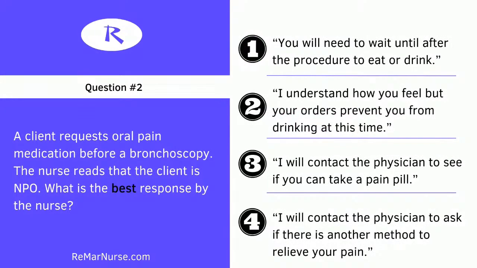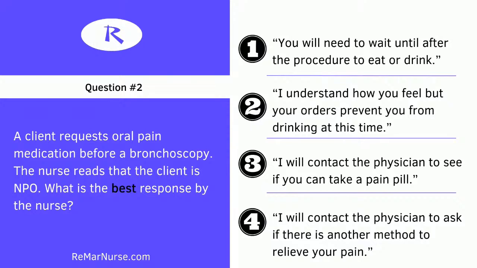A client requests oral pain medication before a bronchoscopy, okay? The nurse reads that the client is NPO. What is the best response by the nurse? Number 1, you will need to wait until after the procedure to eat or drink.